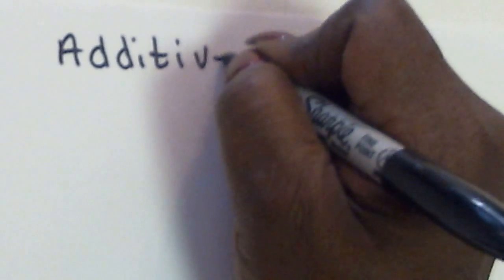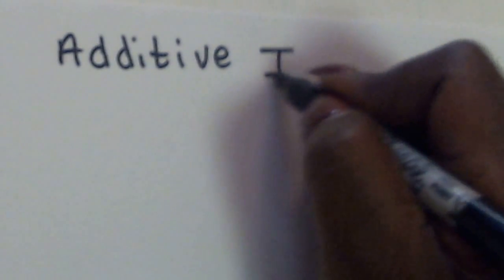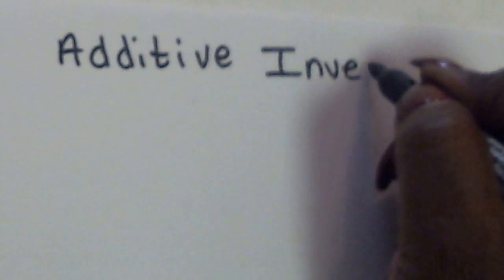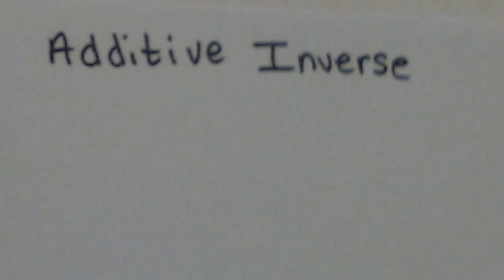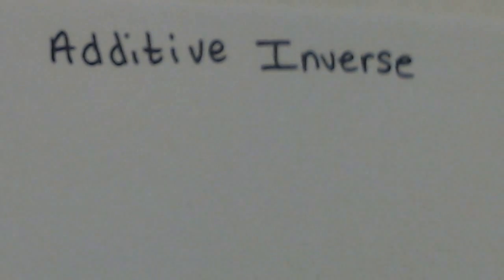The next property is the additive inverse. The additive inverse is the value that brings you to 0.